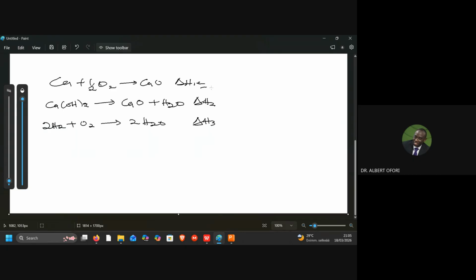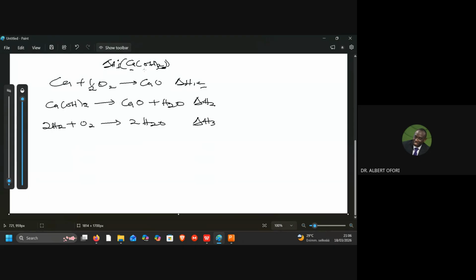Okay, so this is another question. We are given the values of this. Now it says that we should calculate the enthalpy of formation for calcium hydroxide. Now, what is enthalpy of formation? How do I write the enthalpy of formation for calcium hydroxide? Well, what are the components here?